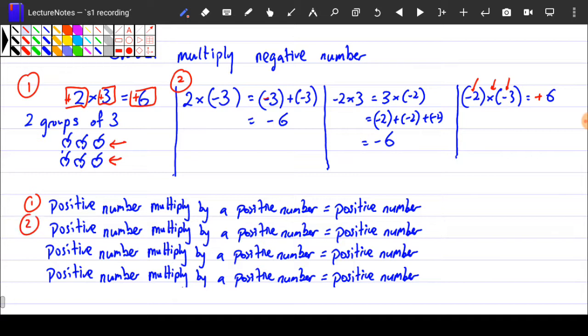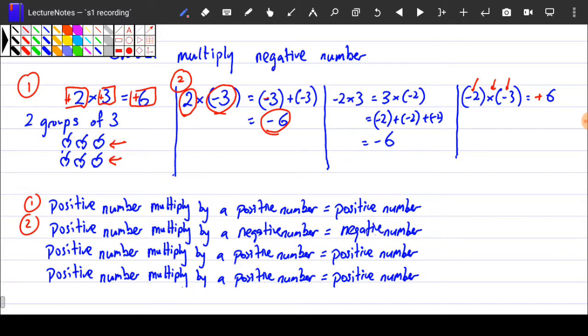The second scenario is a positive number times a negative number will give you a negative number. So let me change this to negative, and let me change this to negative.